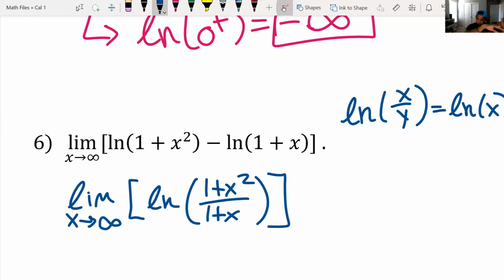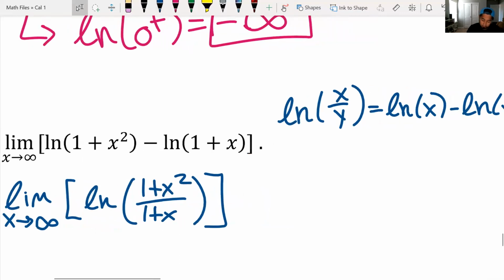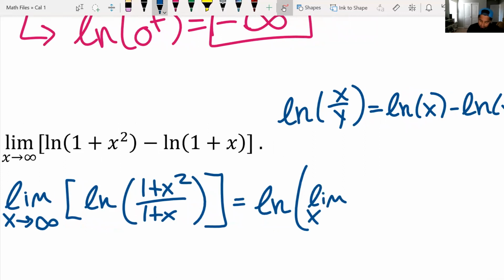And now, let's go ahead and apply the limit inside. This means we'll have the natural log of the limit as x approaches infinity of 1 plus x squared over 1 plus x.